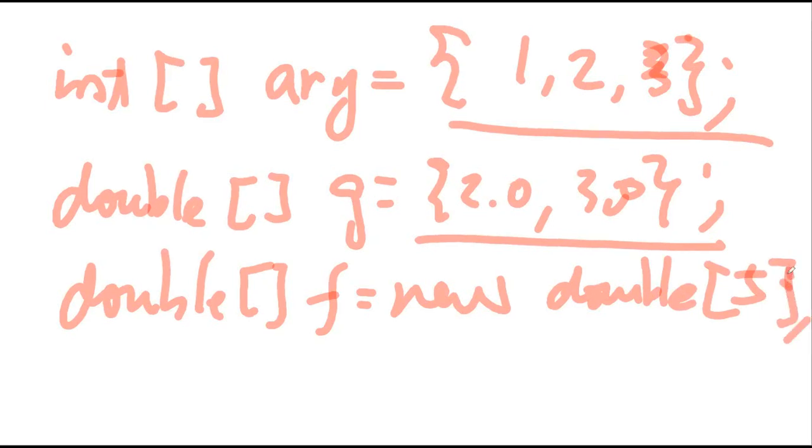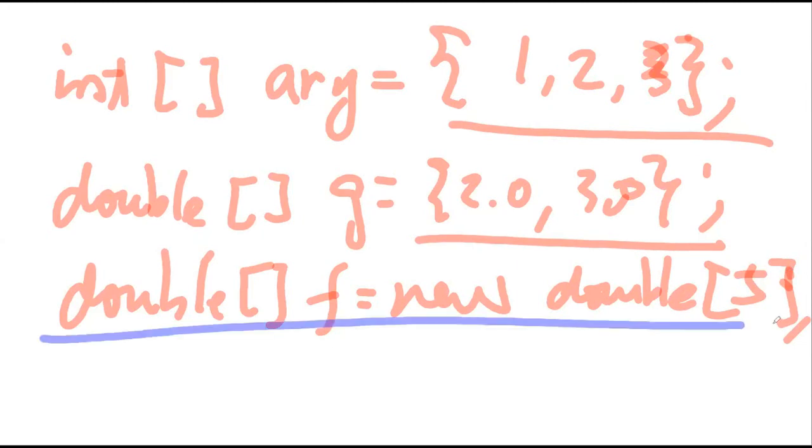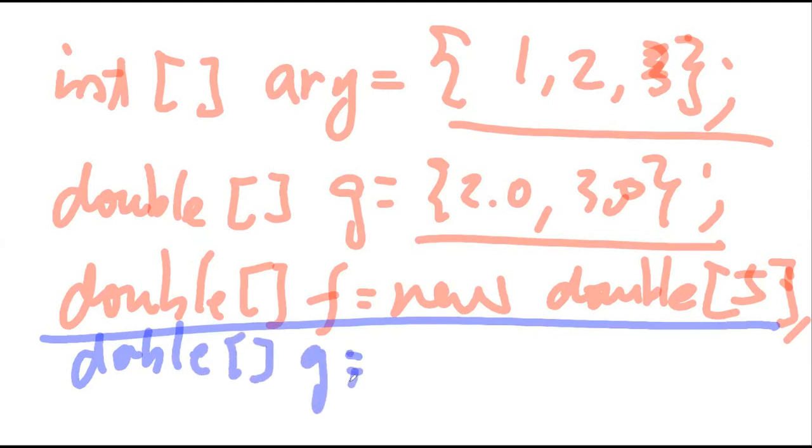Okay. And then what is the difference between this one and if I do double G, with no equals, I just put a semicolon? What is the difference between these two? And if I have another one like this, what are the differences between these three?